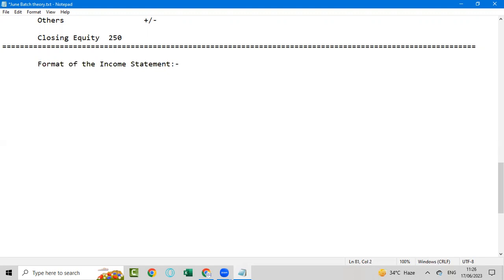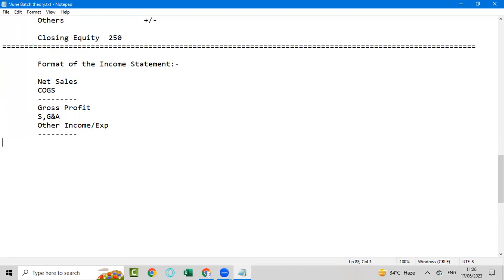So the format of the income statement. First, we have net sales. Then minus COGS. We will understand what all these things are. Just let me write down all the items first. We will have gross profit. After that, selling, general and admin expenses. Then we may have other income or expenses. We may or may not have them.